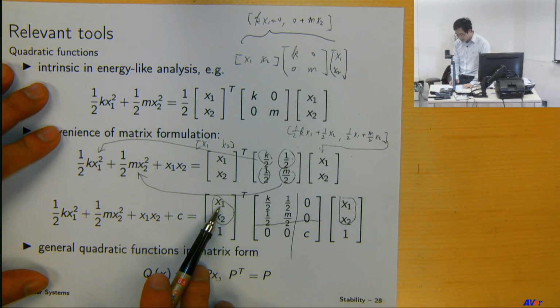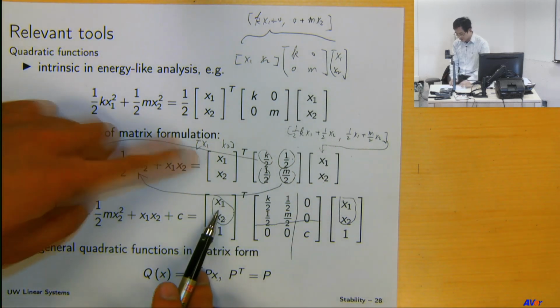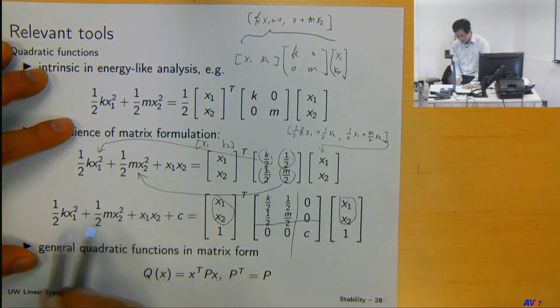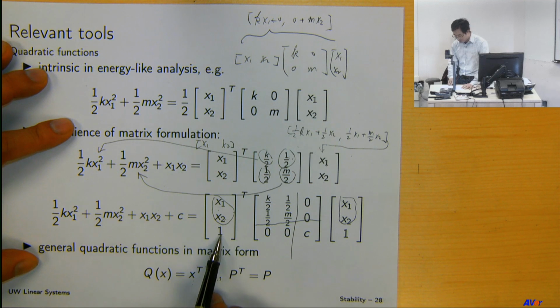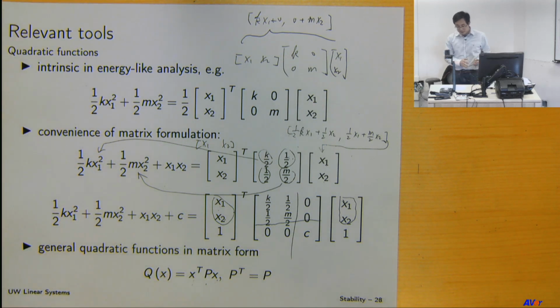The first block is exactly this part over here. This times this gives you the first portion, the three terms. And then the last one is 1 times c times 1, which gives you c. So functions can be written in a matrix-vector form. That's the key observation.